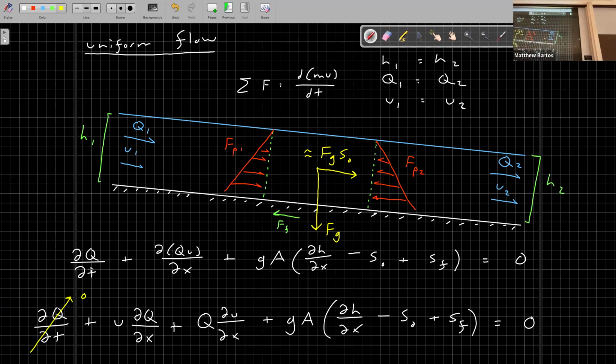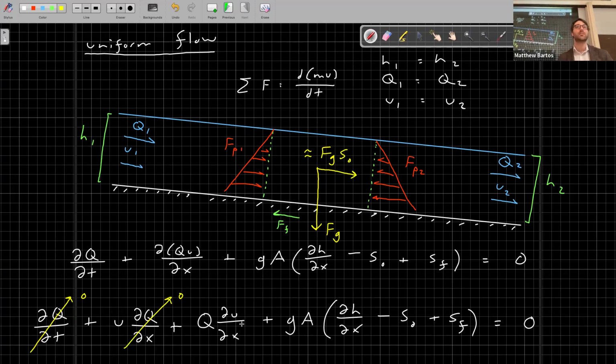Okay, what other terms can we simplify here? First of all, what about this term here? It's 0. Why is this 0? Right, Q is not changing with respect to x. The discharge is the same throughout the entire length of the channel. So this is also 0. What about this term here?